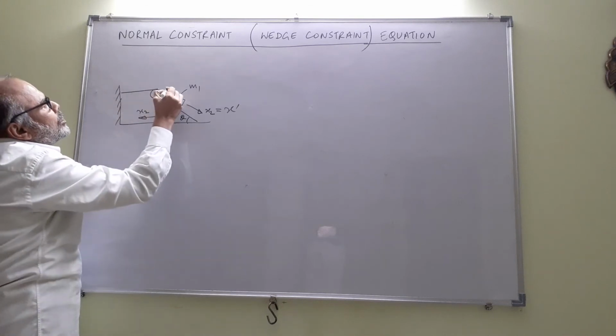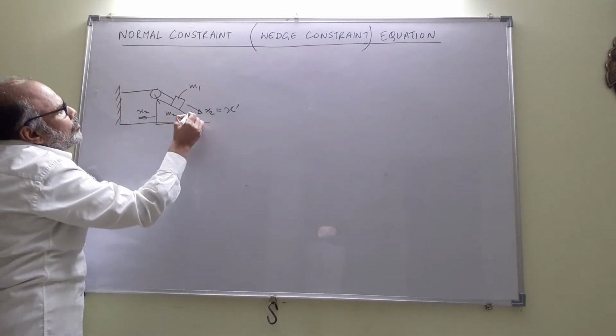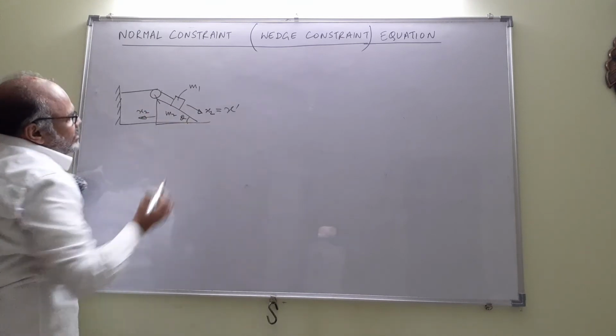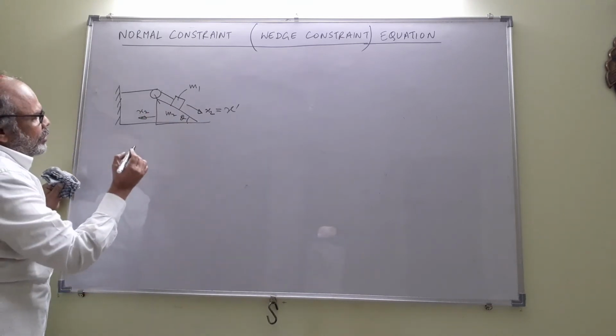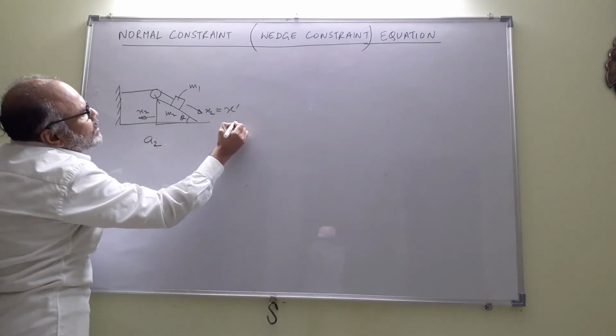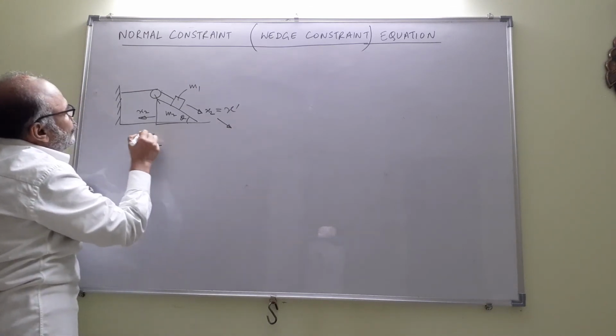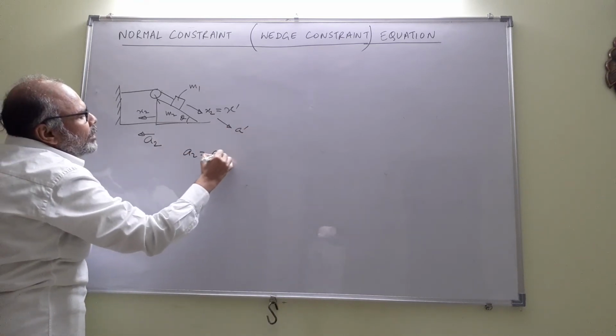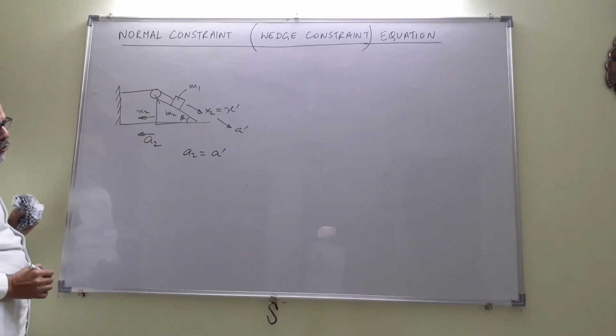If you are positioned here on the wedge and watching, you would find this coming down by x dash. So if this is acceleration a2 and the acceleration downward is a dash, we can say a2 and a dash will have the same magnitude.